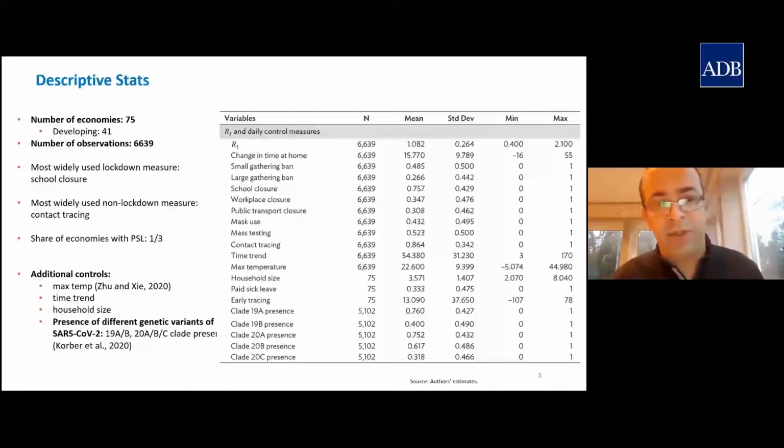Beyond those kinds of policy measures, we have these contextual variables, and the contextual variables include the maximum temperature, household size, an overall control for time trend to absorb general trends over time, counting from the first day of cases in the country. And then something else, which is about the presence of new strains, new mutations of COVID-19 in the particular country at the time.